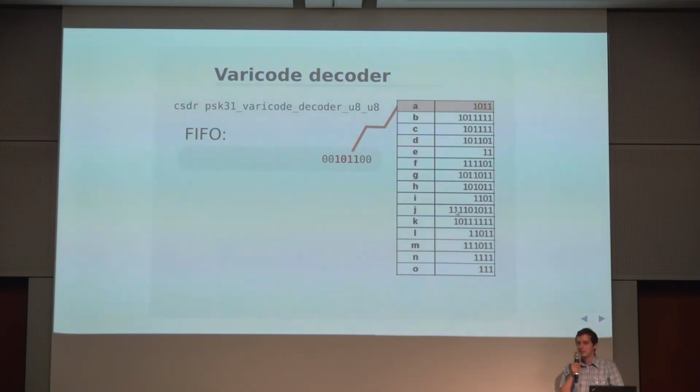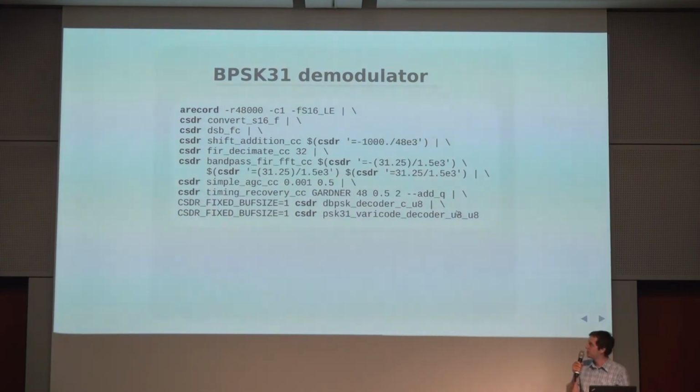And it's important to know that there are no varicode codes that contain two zeros next to each other. So the two zeros mean a separator between characters. And it also helps. And now we can put it together.